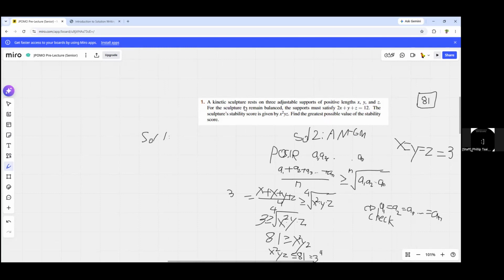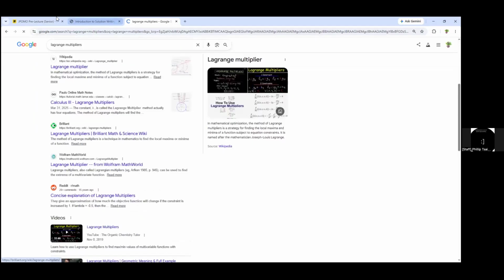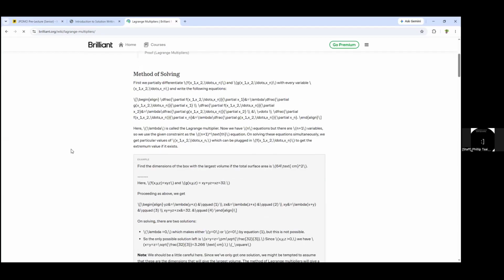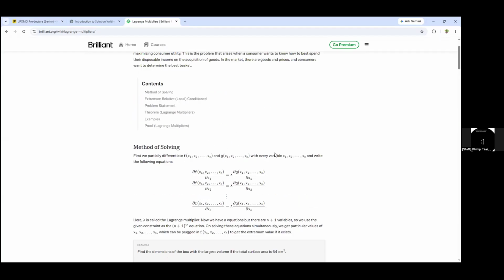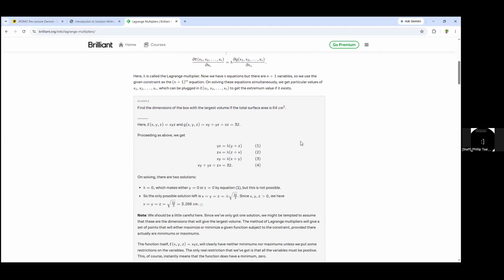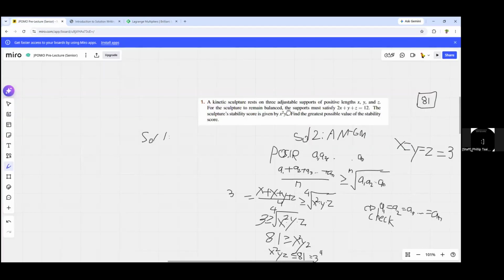I'm going to refer to a handout for Lagrange multipliers because it's kind of an advanced technique. Yes, this looks scary, but basically the essential concept of Lagrange multipliers is that we take partial derivatives with respect to x, y, and z, or basically all the variables here.